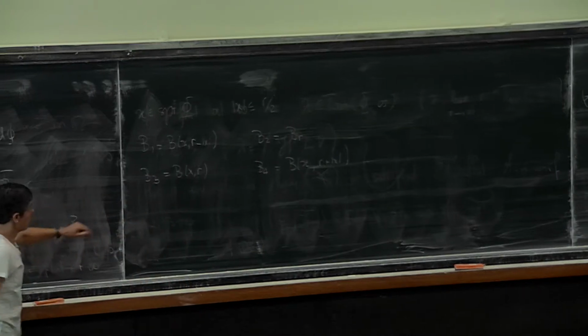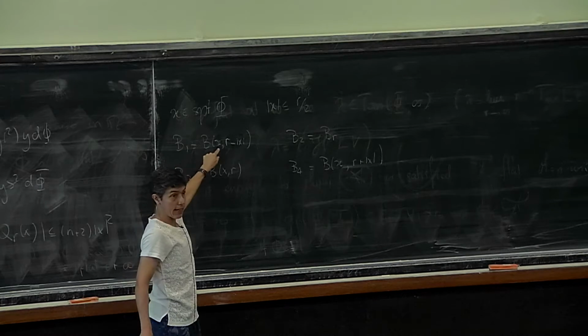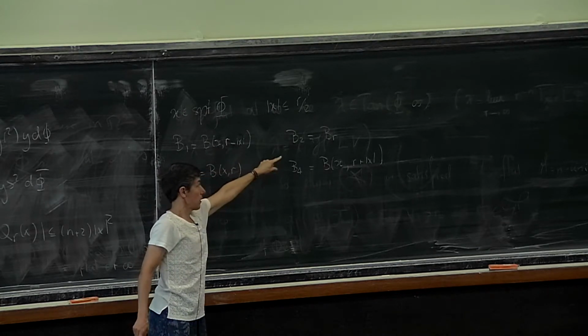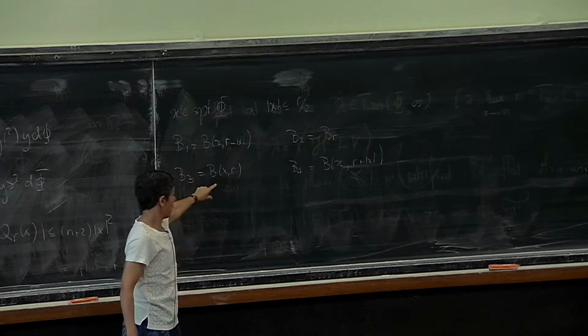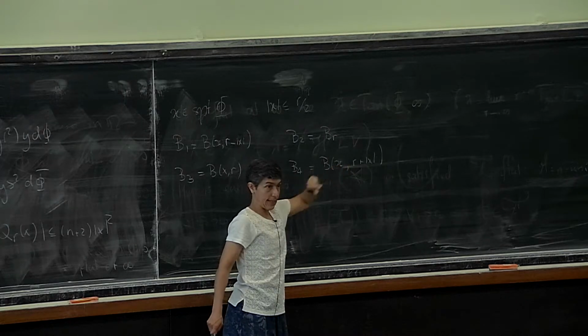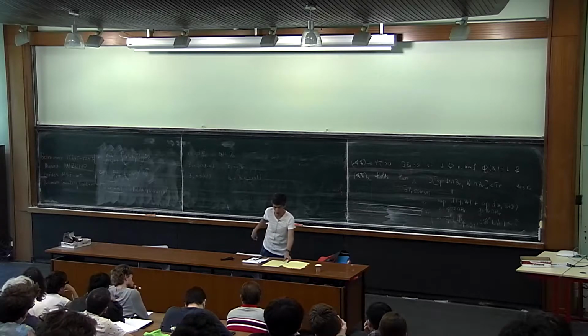Okay. So I choose 4 balls. The ball centered x, radius r minus norm x. The ball of radius r, center 0, the ball centered x and radius r, and the ball centered x, radius r plus norm x. Okay? What do I notice about these balls? Some of them are included in the other ones.